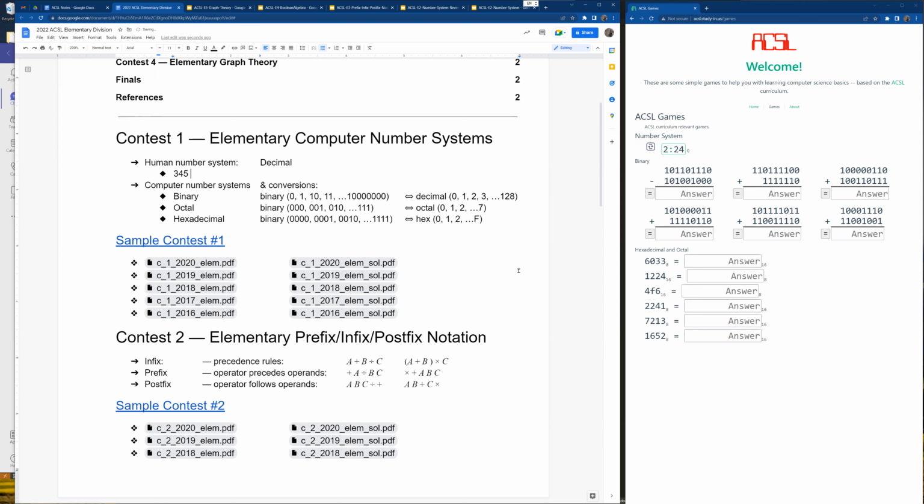What you do is you use the numbers that are in here, the power of twos. So this would be 256 plus something, because this number is bigger than 256.